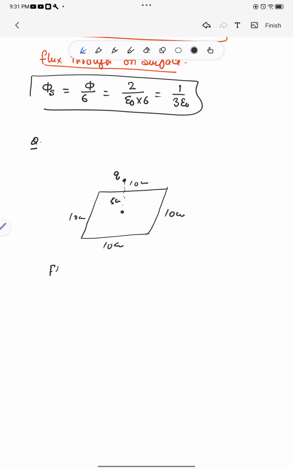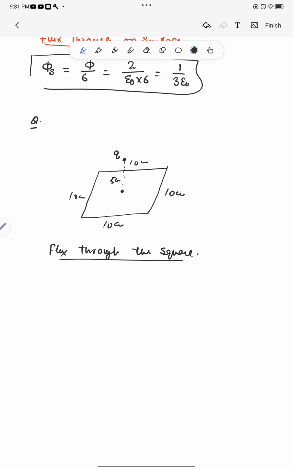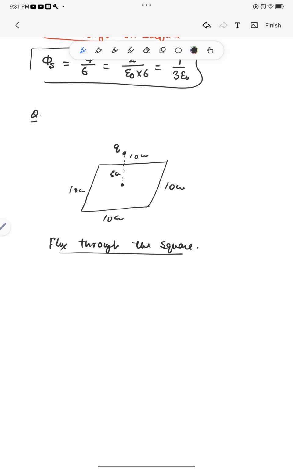The question asks for the flux through the square. Okay, so now how will we easily calculate it? We will draw a Gaussian surface, which is basically an imaginary surface that will enclose this surface inside it.